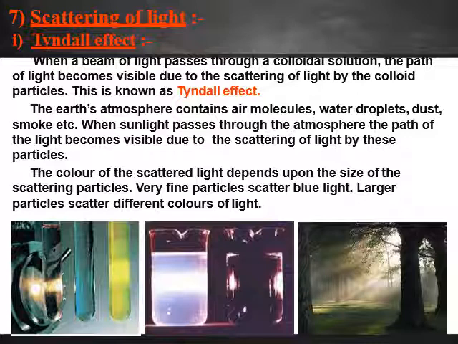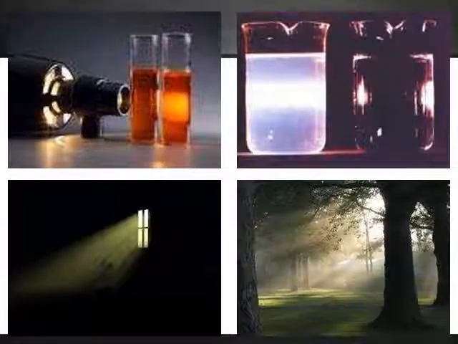The earth's atmosphere contains air molecules, water droplets, dust, smoke, etc. When sunlight passes through these particles in the atmosphere, the path of the light becomes visible due to scattering of light by these particles. The color of scattered light depends upon the size of the scattering particles. Very fine particles scatter blue light and larger particles scatter different colors of light. This is the Tyndall effect, or scattering of light.